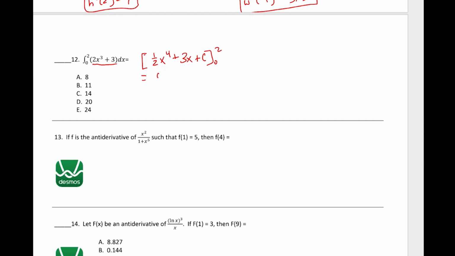Half of 16 is 8, plus 3 times 2 is 6. The c's are going to cancel each other out. If I substitute in 0, I'm going to get 0 plus 0, so that's just 0. So 8 and 6 is 14. So our answer here is C.